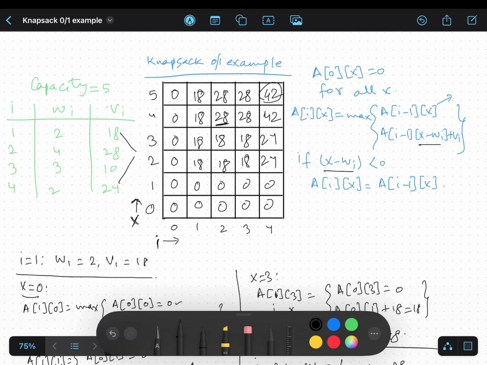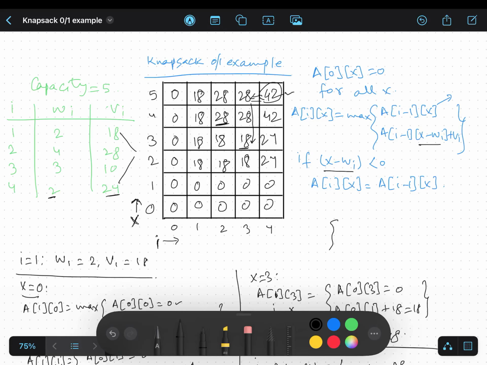So if we see, as in our previous video, what we saw was that 42 is coming either from this or from the previous column, subtracting its weight, which is 2. So 5 minus 2 is 3 here. So then this value is coming from 18 plus 24, 42.